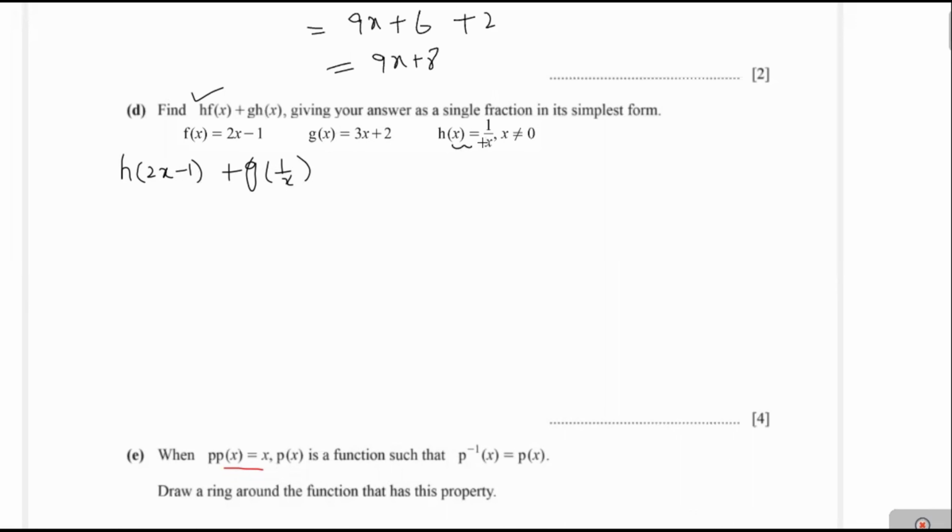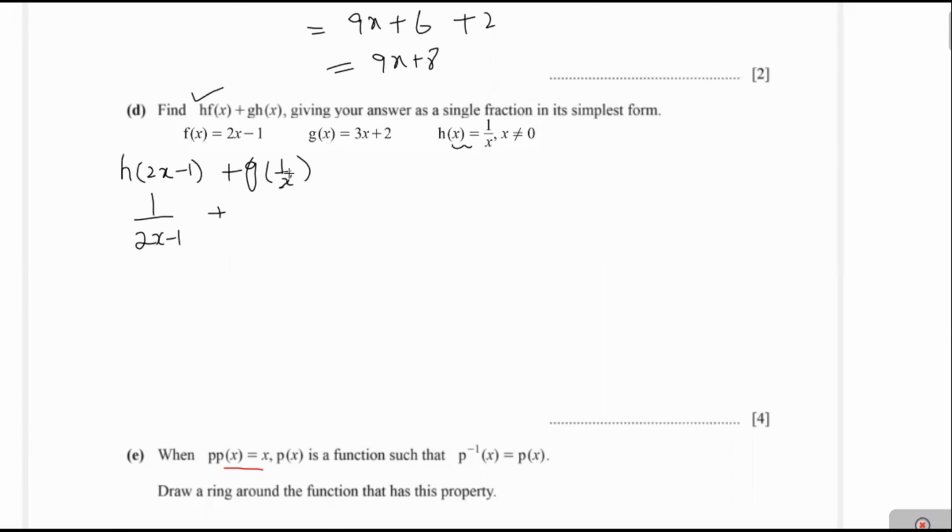Now you see here h of x equal to 1 over x. Now therefore 1 over x becomes 1 over 2x minus 1, and same here g of 1 over x.